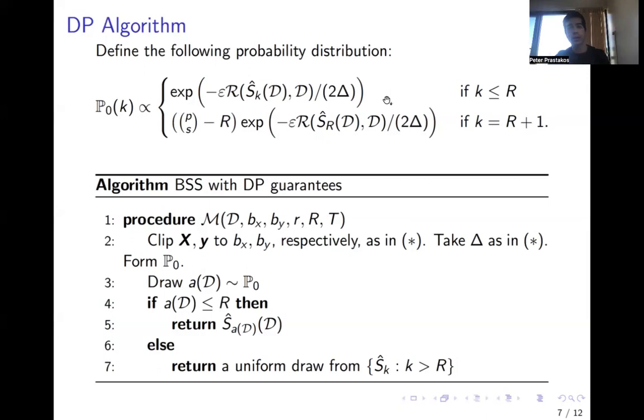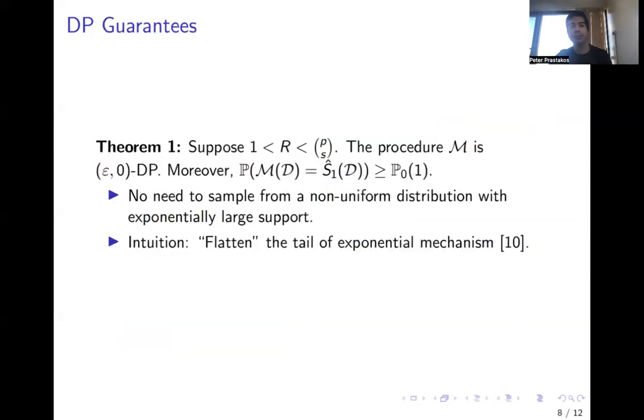And if it's R plus 1, and we lie in the setting of any of the supports from R plus 1 up to P choose S, then we do a uniform draw from those supports. The main benefit of this mechanism is that we no longer need to sample from a non-uniform distribution with exponentially large support. And we have DP guarantees of pure differential privacy.